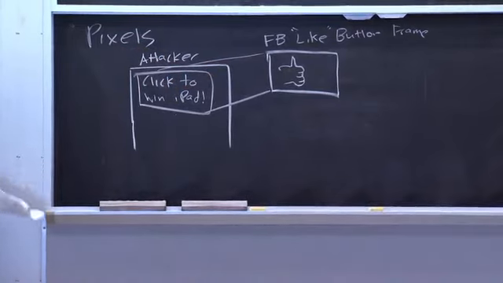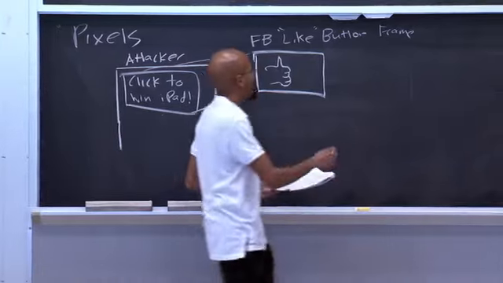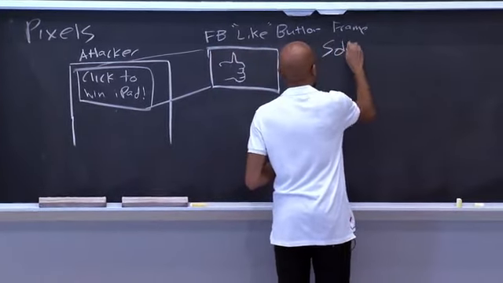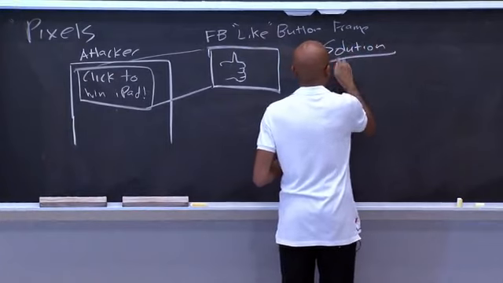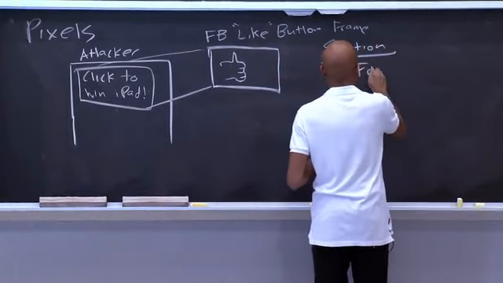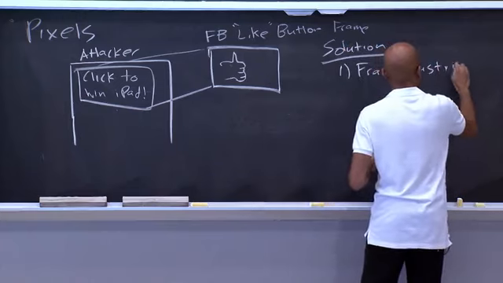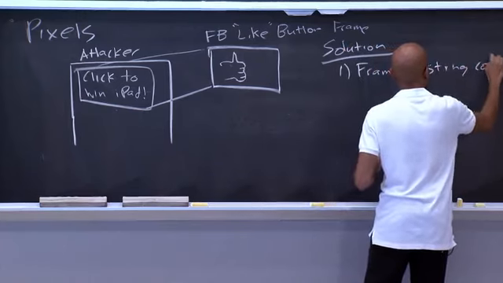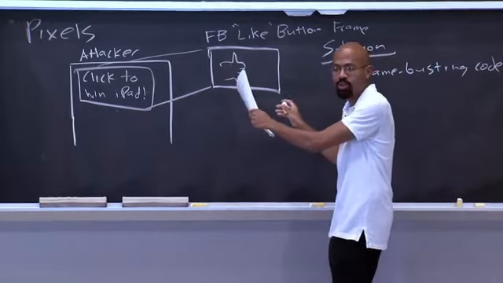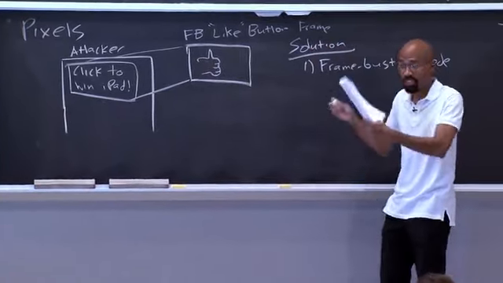Okay, so there's a couple different solutions you can imagine for solving this. The first solution is to use frame busting code. You can use JavaScript expressions to figure out if you have been put into a frame by someone else.